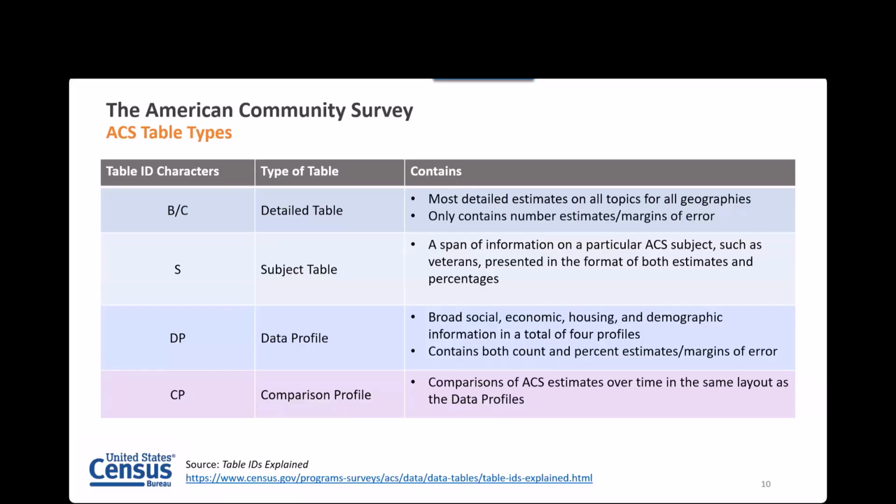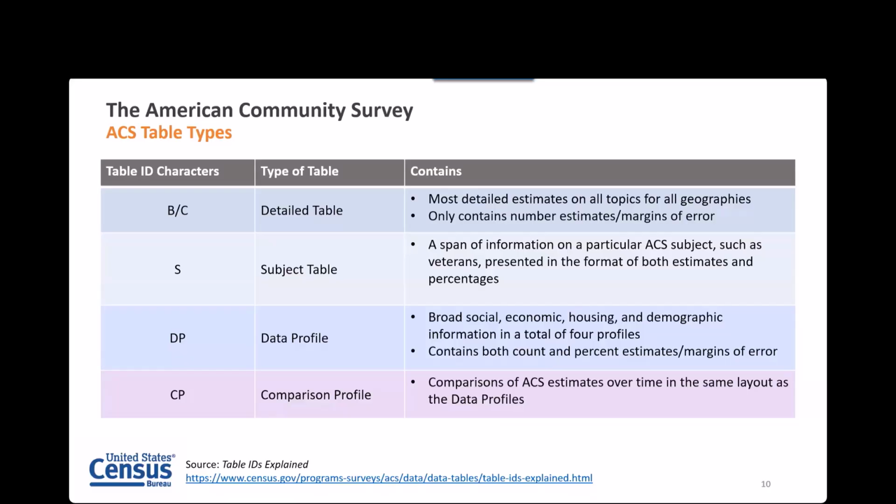Detailed tables, those table IDs, start with a B or a C. Subject tables start with an S. And these span information on a particular ACS subject, such as veterans, but typically the subject tables will give both number estimates and the percentage estimates.